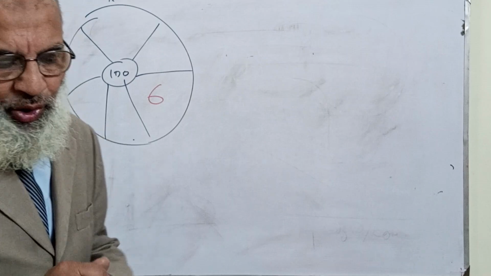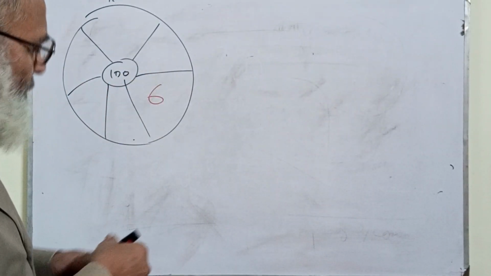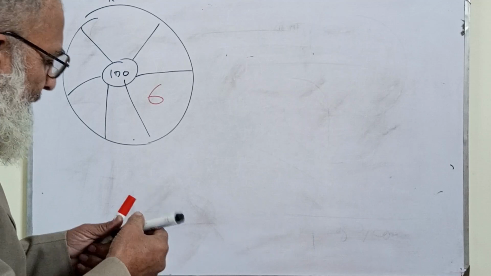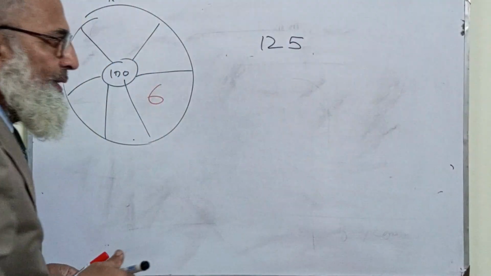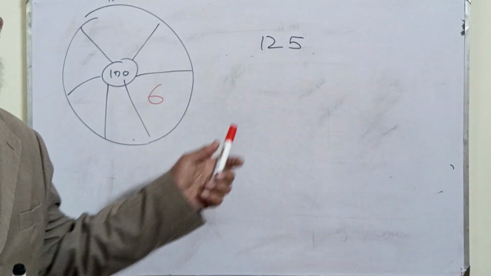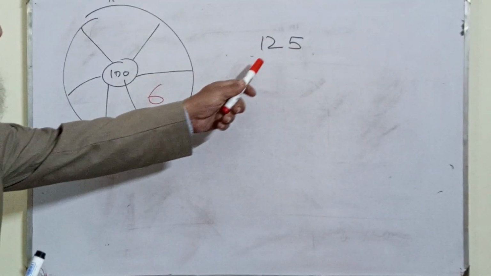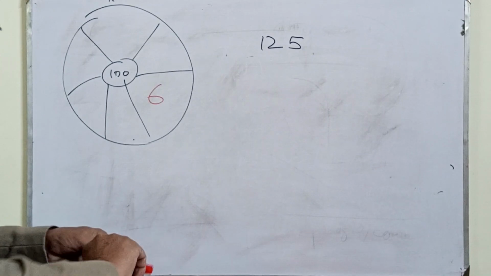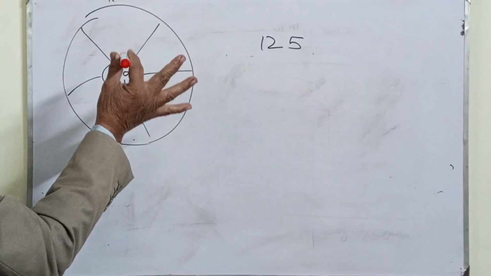Okay, so if I take it as a trial, there are 125 throws in total, 125 throws blindfolded. Out of 125 throws, you see 1, 2, 3, and 125.